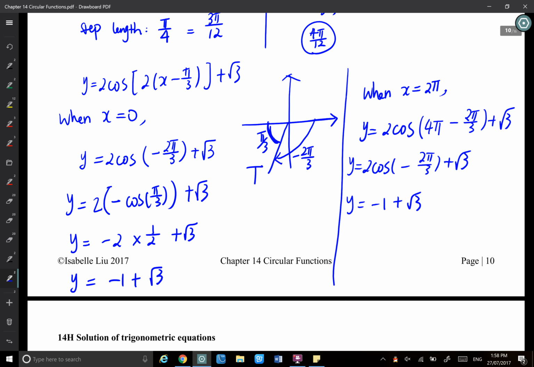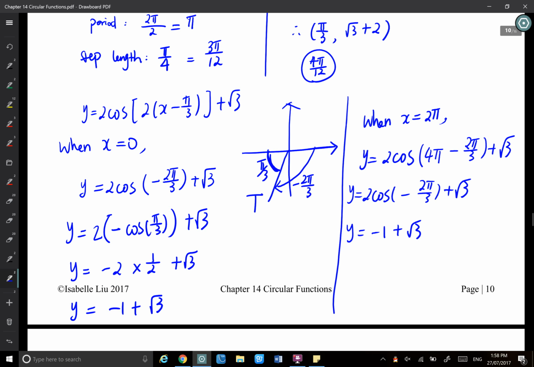You're not finishing at the maximum, minimum, or the midline point. That's why you need pi over 12 as each of your scale. But other than that, this question is still possible to do. Still following the same method, nothing difficult. The only extra thing you're trying to think about is what is the scale length, like pi on 12 on your x-axis. That's what you need to write.